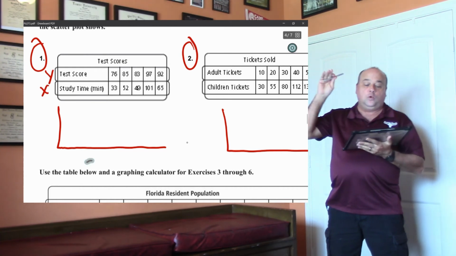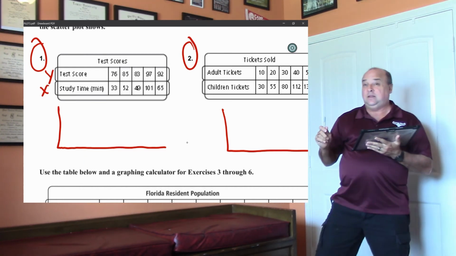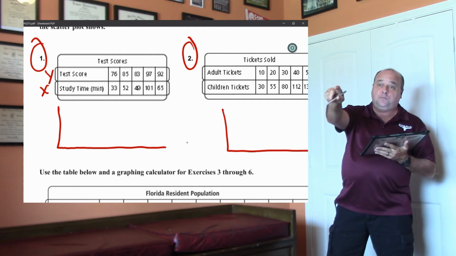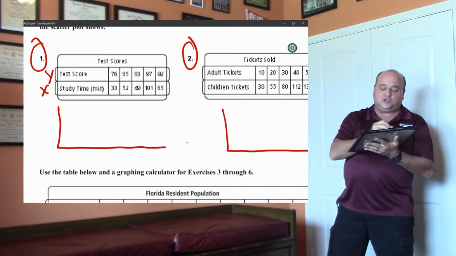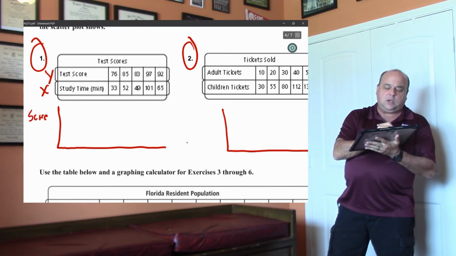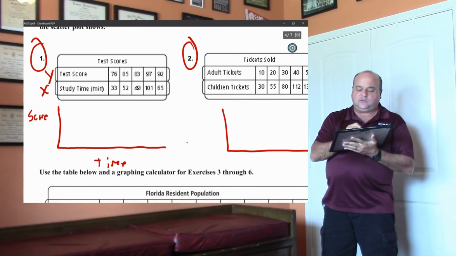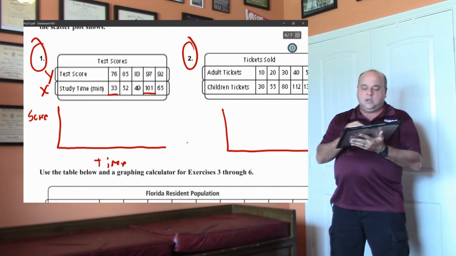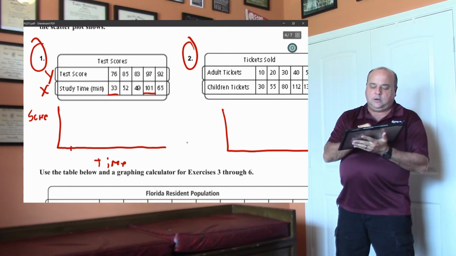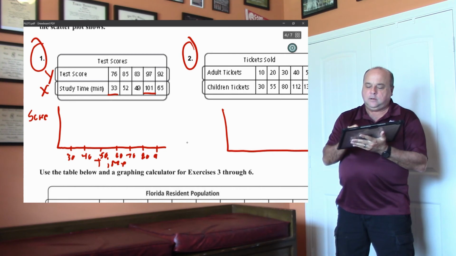So our input will be study time, right? That's the way this graph really is. If you input your study time, your output will be your score. So your score is going to be Y and your time will be X. Our time goes from 30 to 100, doesn't it? So we're going to start right here and do 30, 40, 50, 60, 70, 80, 90, 100.